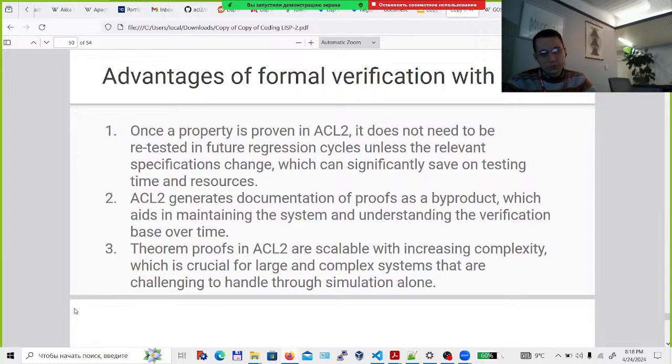ACL2 generates documentation of proofs as a byproduct, which aids in maintaining the system and understanding the verification base over time. Theorem proofs in ACL2 are scalable with increasing complexity, which is crucial for large and complex systems that are challenging to handle through simulation alone.